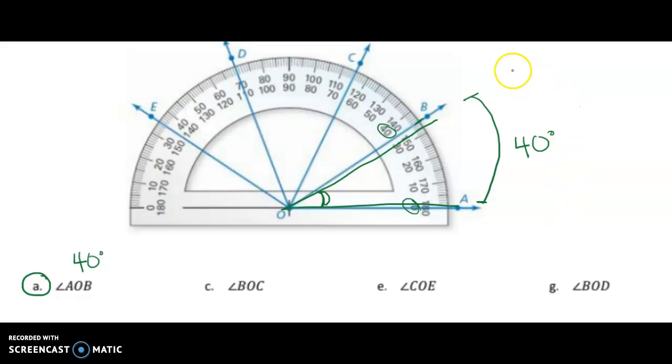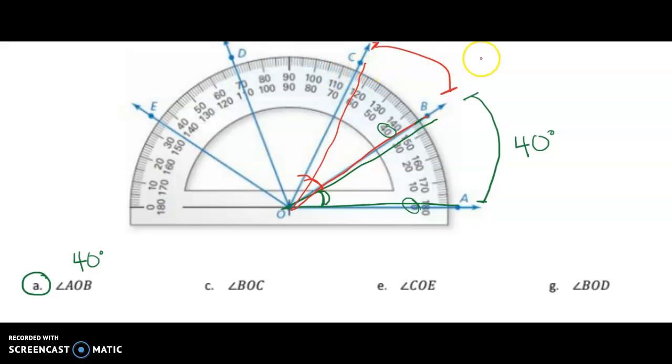Now let's do B. Let's look at angle BOC. I'm looking at this angle here, which is from this to this. If I look at the top number, that's from 115 to 145.